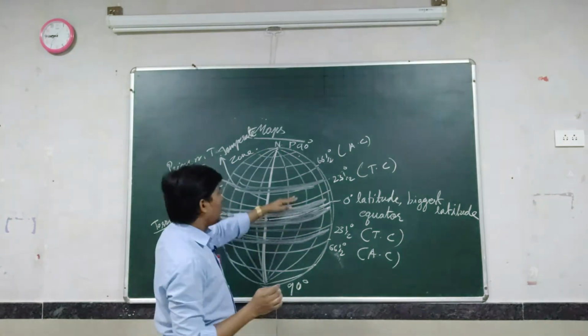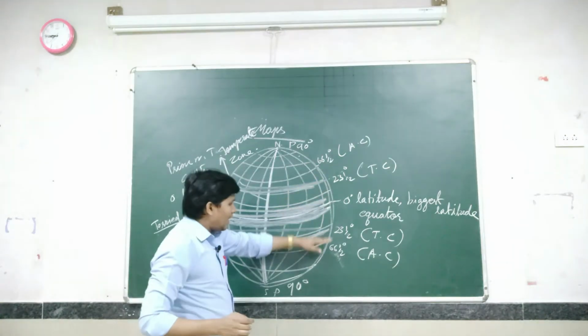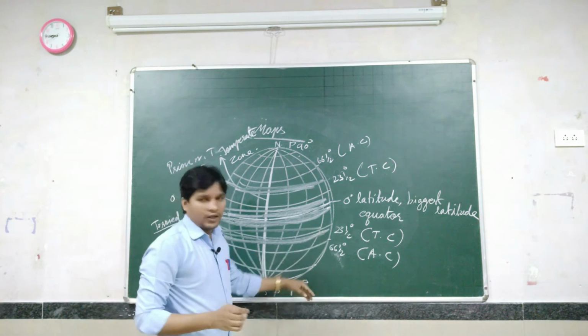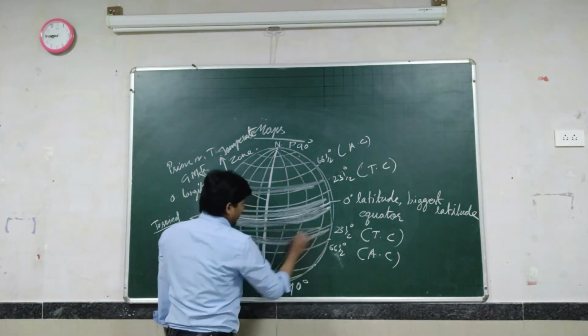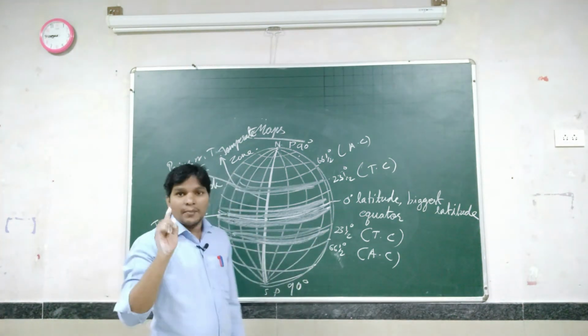The same way, the Tropic of Cancer and on the south side the Tropic of Capricorn, both sides of them come under the temperate zone.